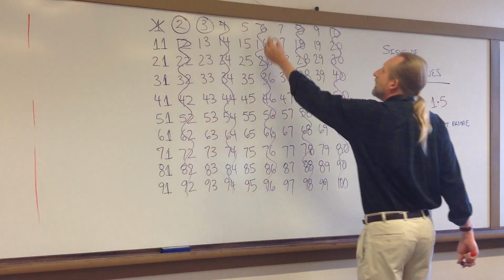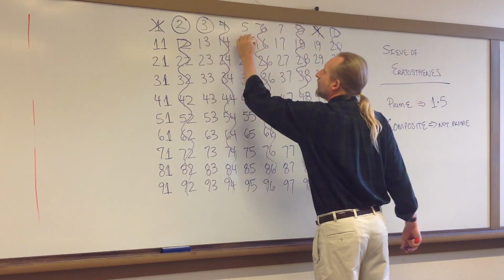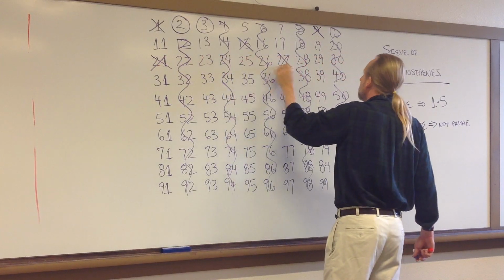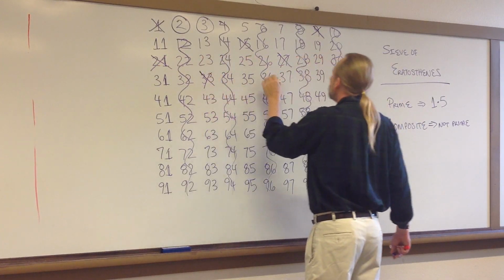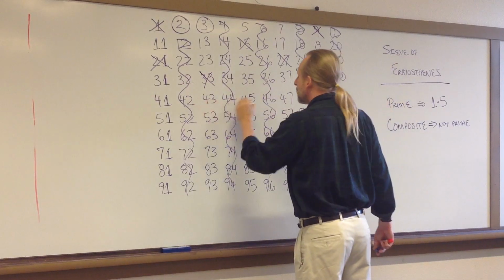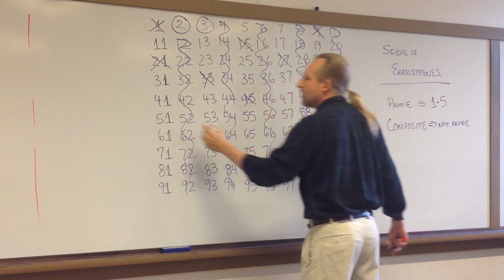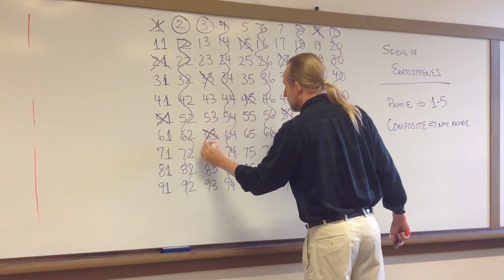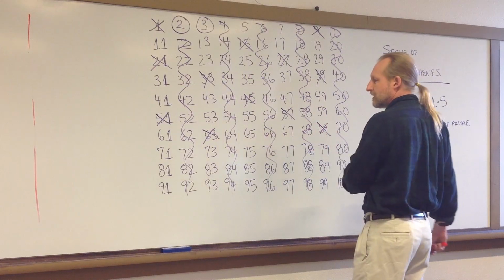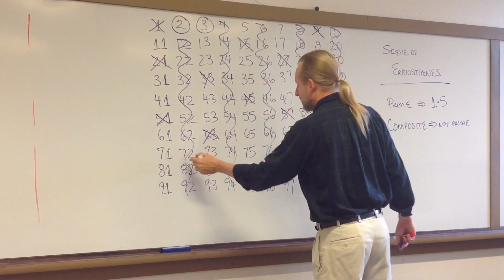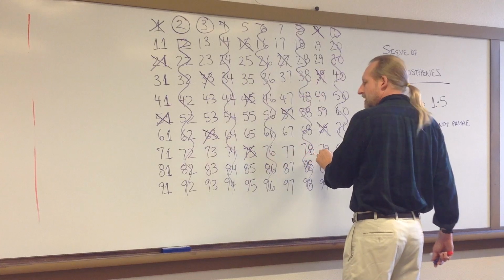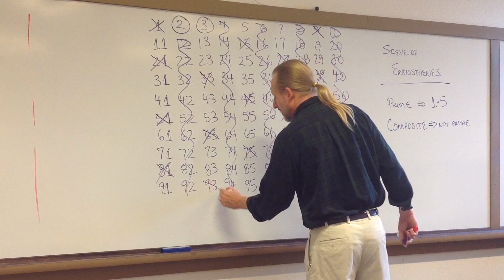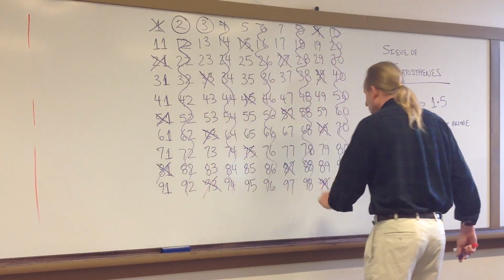But we can go through there and we can go 9, 12, 15, 18, 21, 24, 27, 30, 33, 36, 39, 42, 45, 48, 51, 54, 57, 60, 63, 66, 69, 72, 75, 78, 81, 84, 87, 90, 93, 96, and 99.